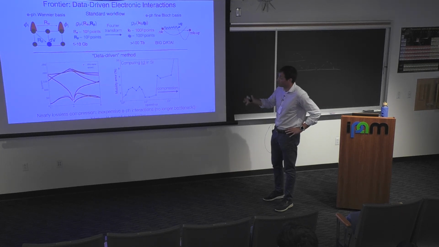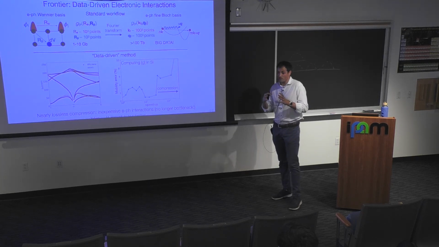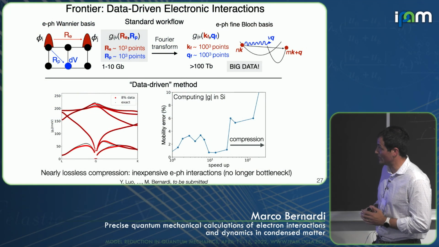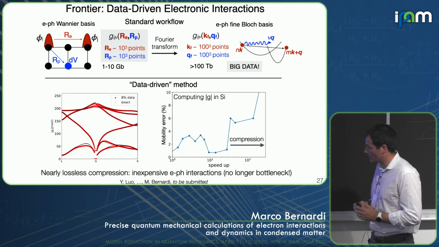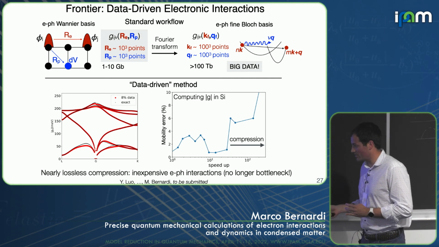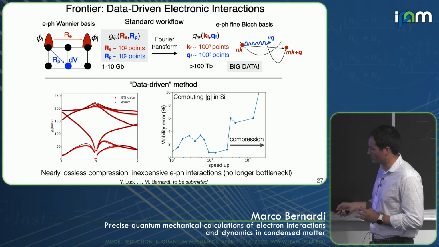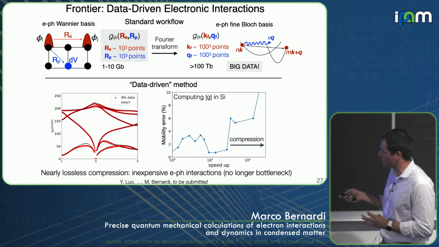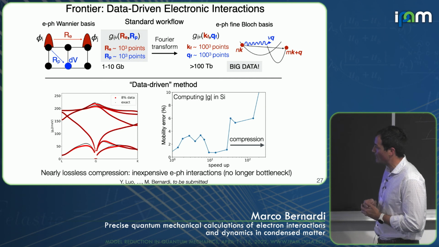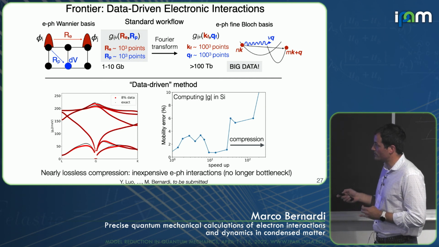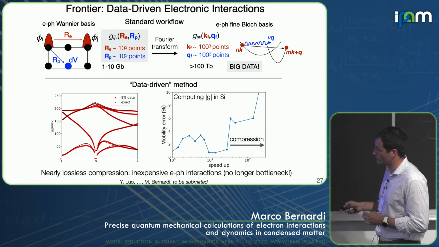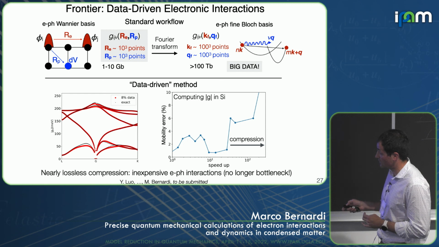But the question is, can you use methods to even further compress the amount of data that you need? And so this is still unpublished work, so I cannot give too many details. But with my student, Yao Luo, we've used what I will call, in quotes, a data-driven method to basically show that you can reduce the data to about 5 to 10% of the size of this matrix and still obtain very accurate interactions.